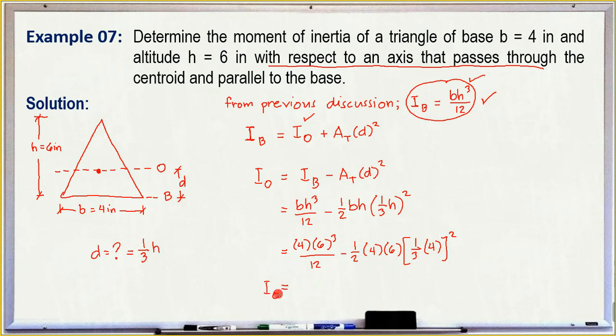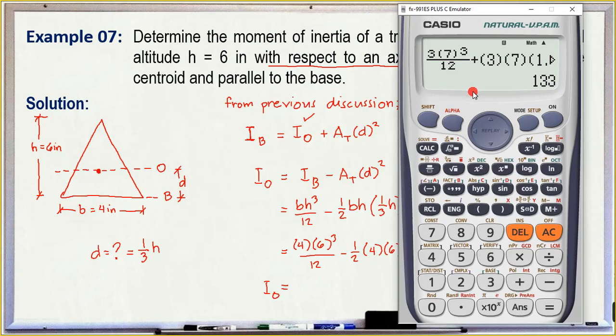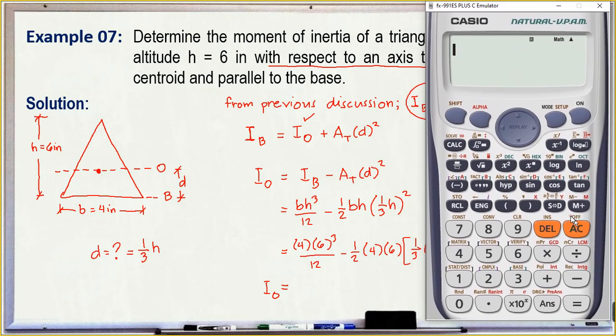So therefore, the moment of inertia of our triangle with respect to its centroid is 4 times 6 cubed divided by 12 minus 1/2 times 4 times 6, then 1/3 times the height, which is 6, squared.